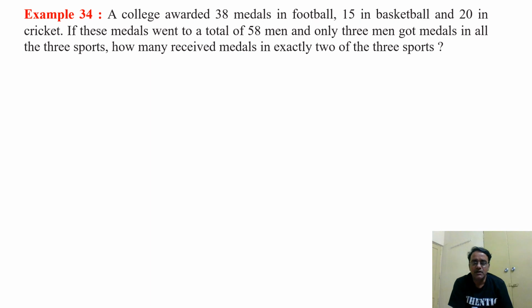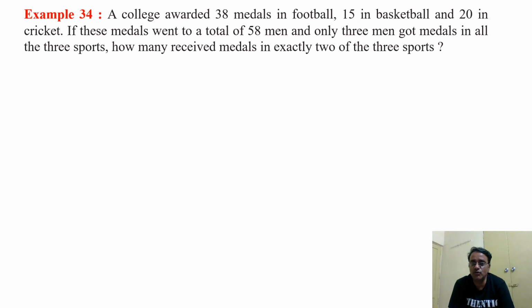A college awarded 38 medals in football, 15 in basketball, and 20 in cricket. If these medals went to a total of 58 men and only 3 men got medals in all the 3 sports, how many received medals in exactly 2 of the 3 sports?